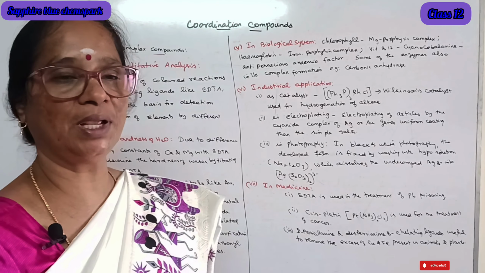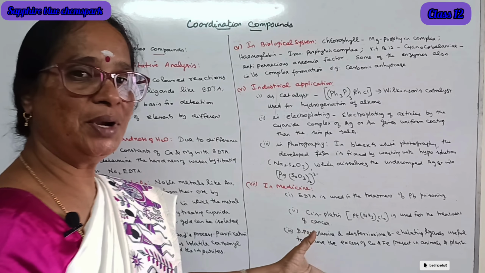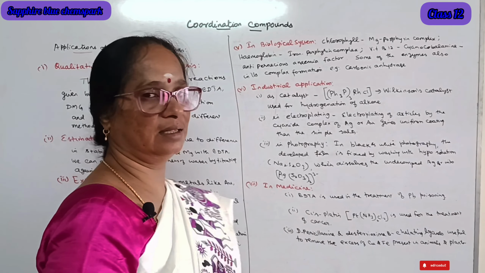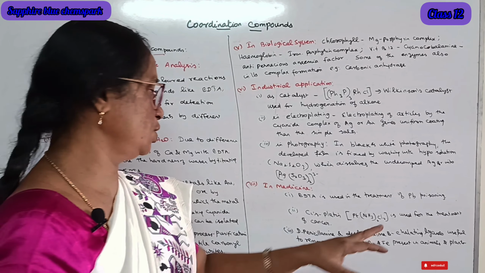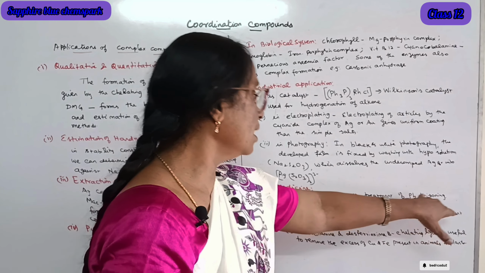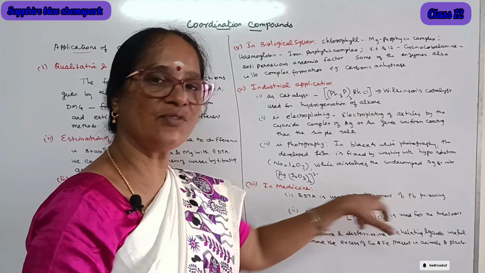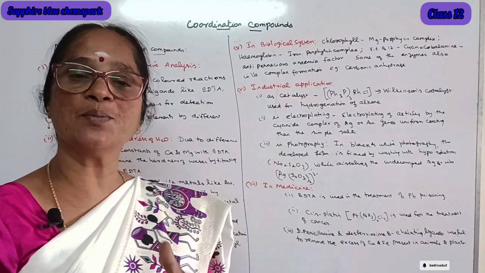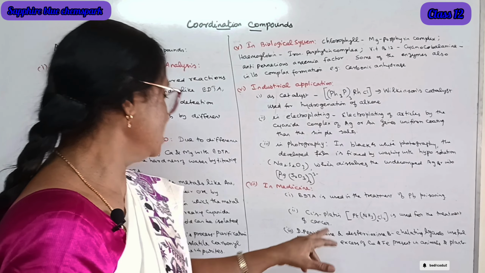The last application is in medicine. In medicine, EDTA, a chelating ligand, a hexadentate ligand, is used to remove lead poisoning. EDTA makes a complex with lead, which is a more stable complex, and that can be removed.